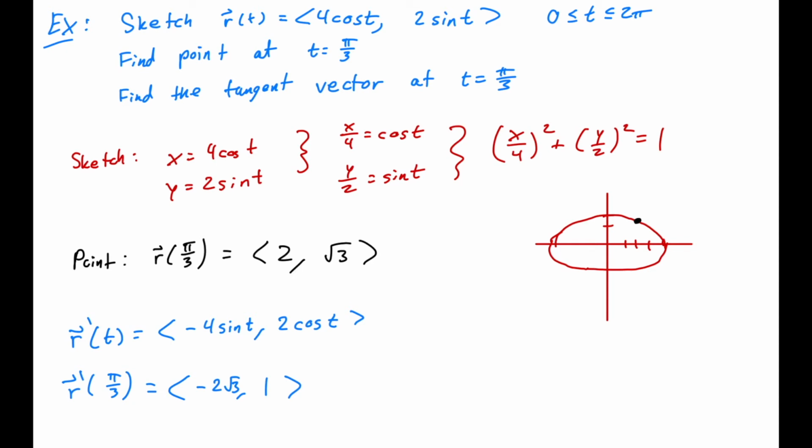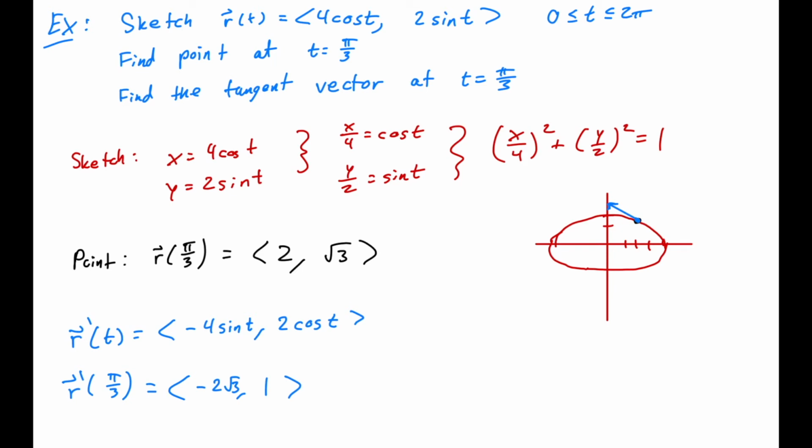What we normally will do, you have lots of questions like this on the assignment, we will graph this at the point of tangency. So what that looks like is going back to the left, -2 root 3 that way, and up 1.